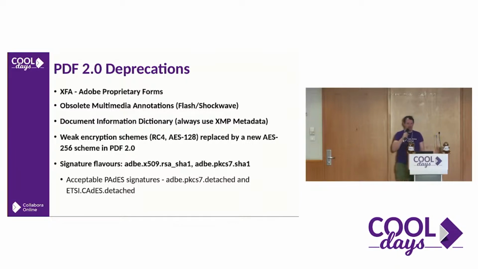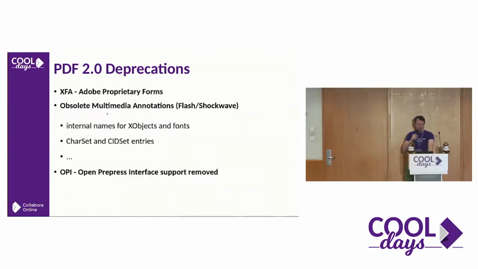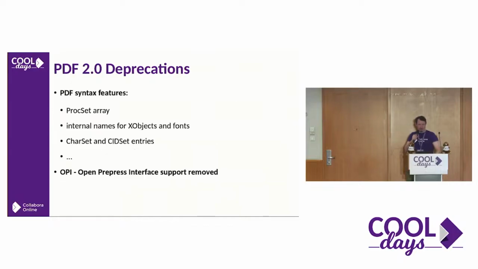And there are other signature flavors for signing. Then they changed the PDF syntax a little bit, and deprecated some of these syntaxes. They just don't write this anymore, and maybe some have alternatives. Some just say just don't do it.